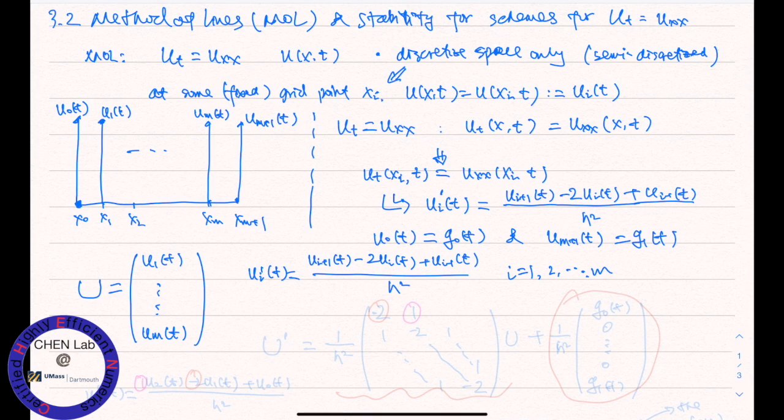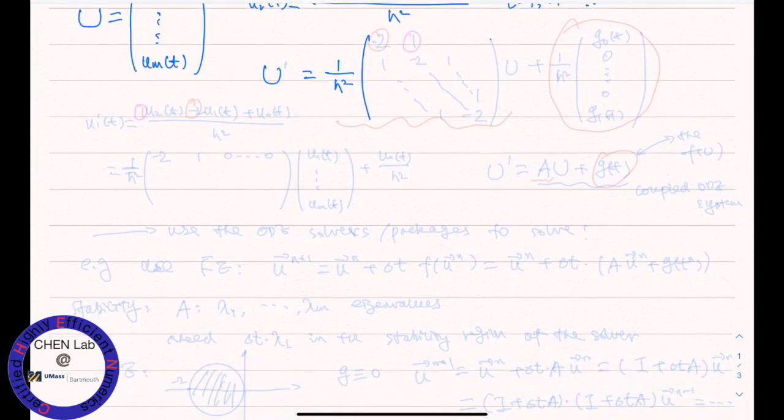So we have U'(t) equal to 1 over h squared times a matrix, a similar procedure as we did before: negative 2, 1, then 1, negative 2, 1, and so forth, times U, plus a boundary term.